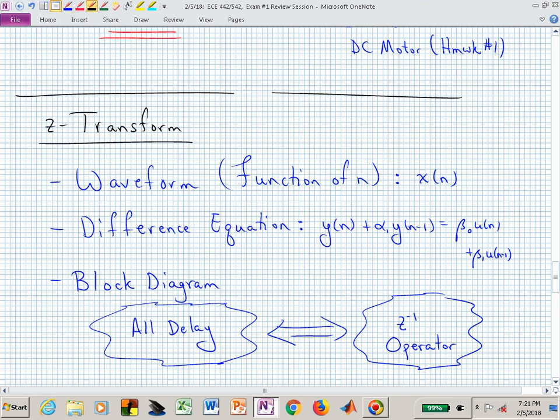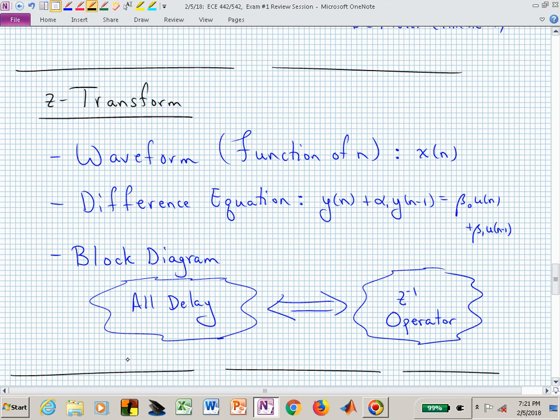And block diagram, we need to be able to go from time domain to frequency domain. Where here is the time domain. The operator Z is the frequency domain.